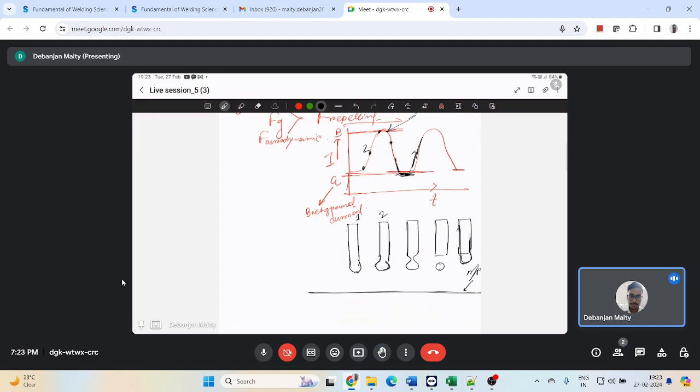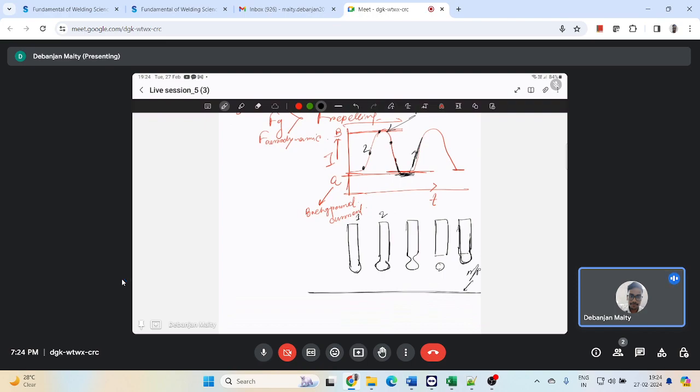Now the forces acting on this droplet are similar to those in gas metal or shielded metal arc welding. However, the pinch effect does not play any part, because this is an external source, right? The pinch effect and electromagnetic force are absent, and most often the grazing mode or short circuiting mode of metal transfer is adopted to make maximum use of the heat in the filler wire. But there are some disadvantages, right?